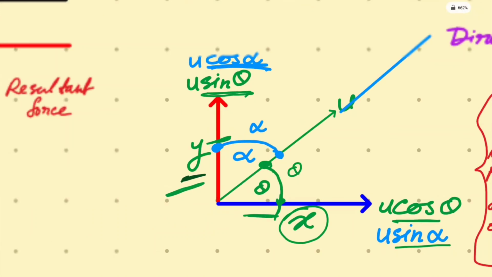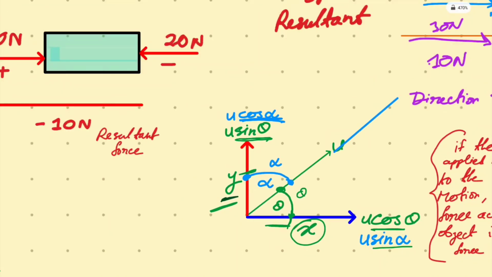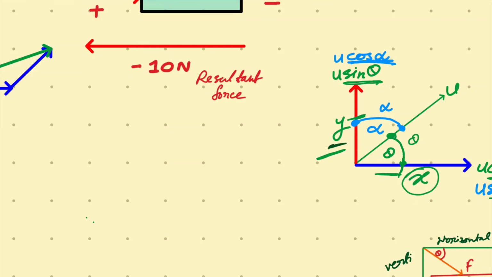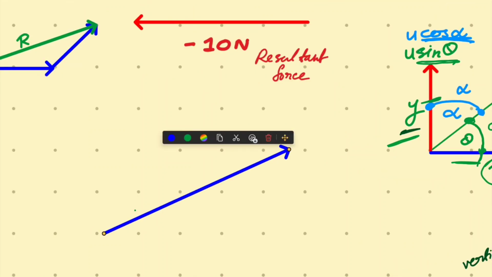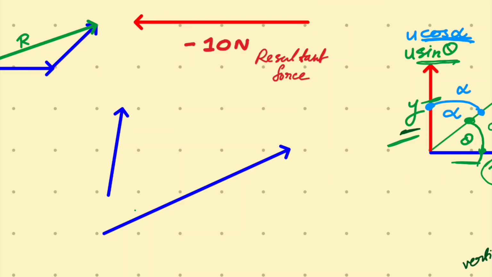Now let's take a look at this separately. For example, if I have this line, which is a vector, it definitely has an angle with some line, either a horizontal or a vertical.